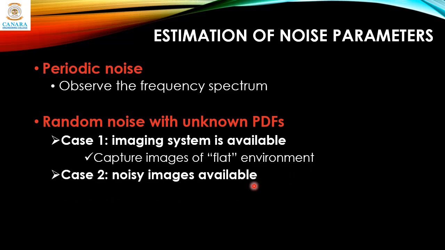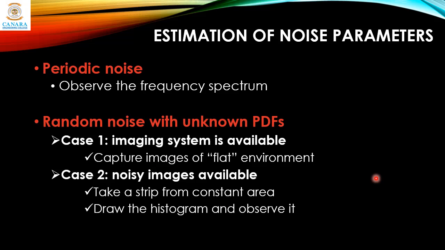In the second case, if we do not have the imaging system, but we just have the noisy images available, then what we can do is take a strip from a constant area, draw the histogram, and observe it. And then we can measure the mean and variance to estimate the noise parameters. This is how things are done.